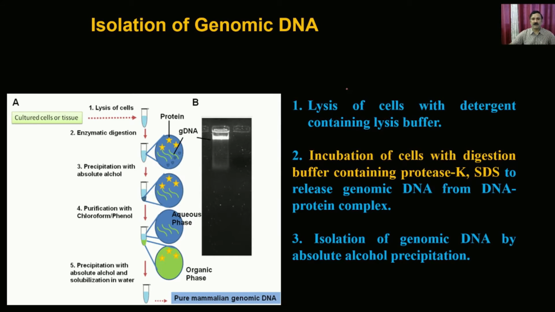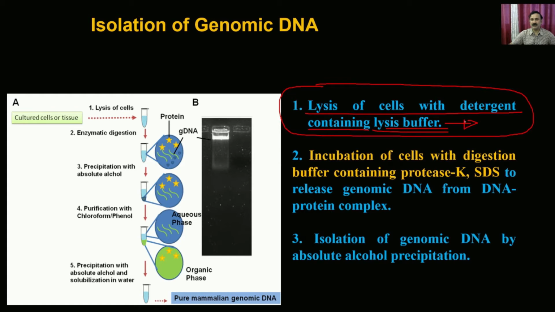So the first thing you have to do is lyse the cells with the help of detergents using a lysis buffer. First you take the cells into an Eppendorf tube, and then you incubate those cells with a lysis buffer. The lysis buffer contains the detergent, and detergents act as a solvent.